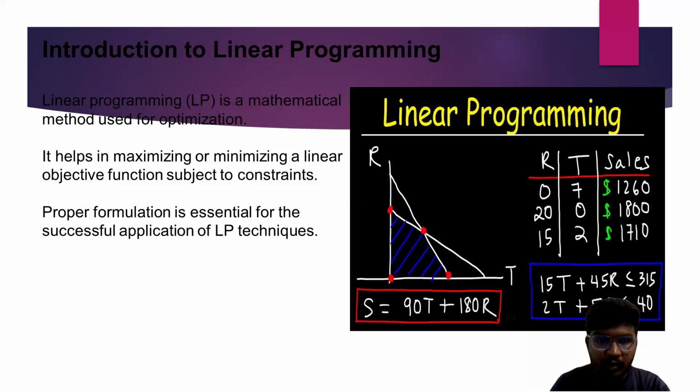Introduction to linear programming. Linear programming is a mathematical method used for optimization. It helps in maximizing or minimizing a linear objective function subject to constraints.